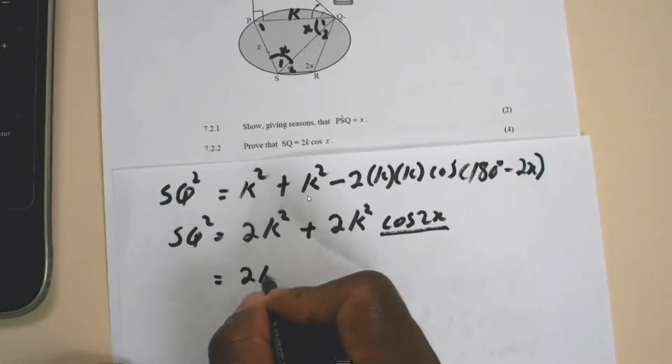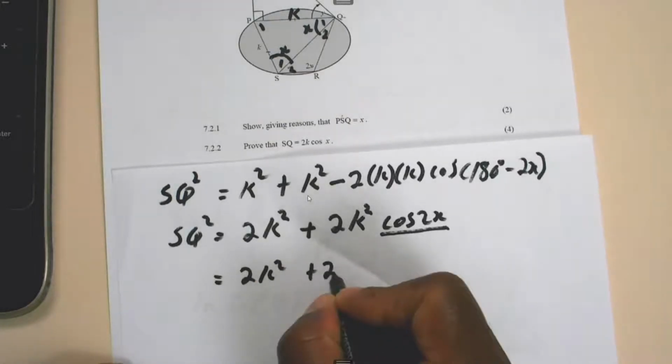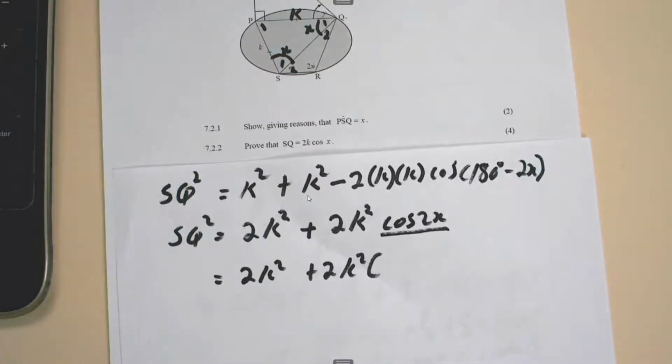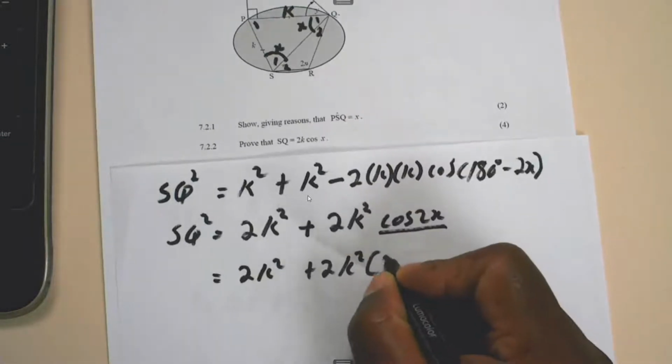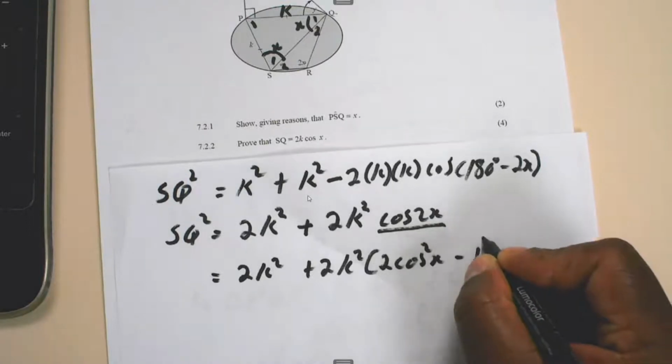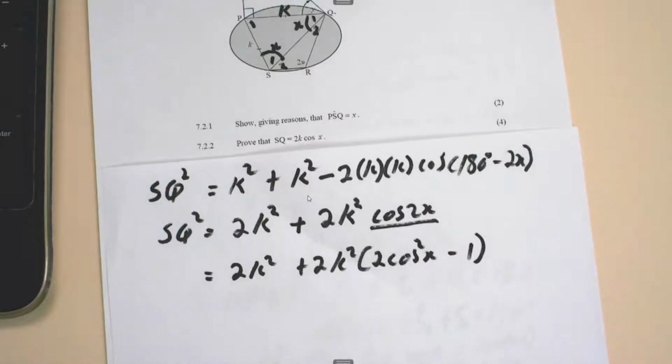So 2k squared plus 2k squared cos 2x, where from the double angle identity, cos 2x will be 2 cos squared x minus 1. Let's write it down: 2 cos squared x minus 1. Let's expand and multiply throughout by 2k squared.